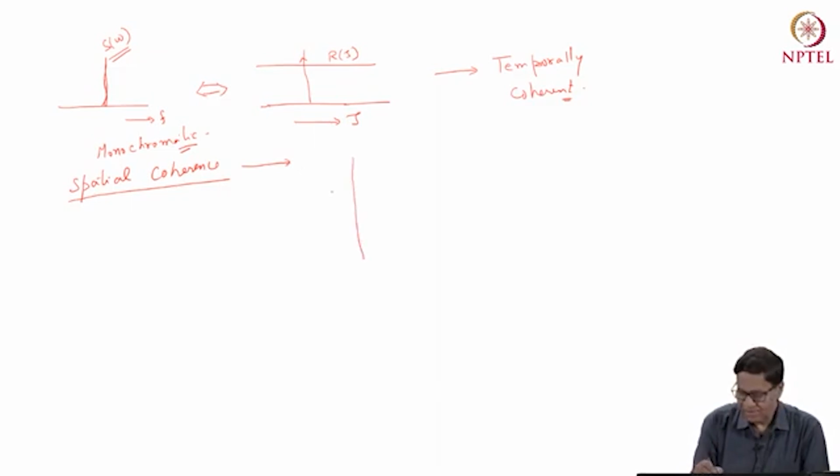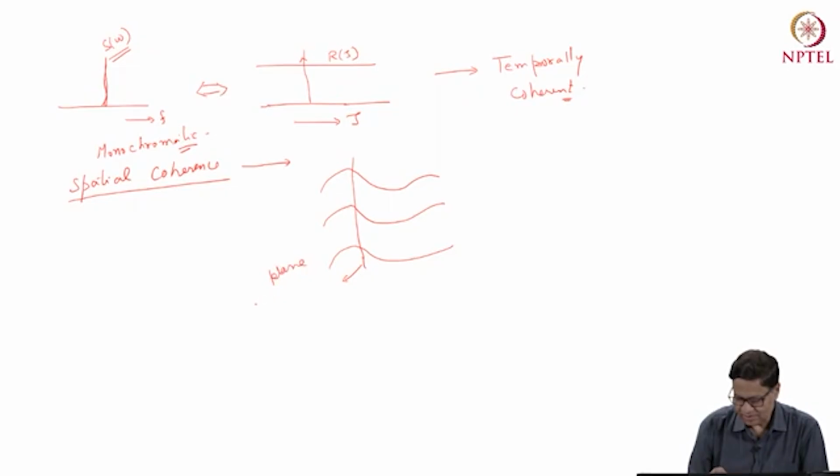If I have a waveform something like this, I am seeing it in the spatial domain, and this is a plane perpendicular to the direction of propagation. And this is separated by, say, lambda wavelength.